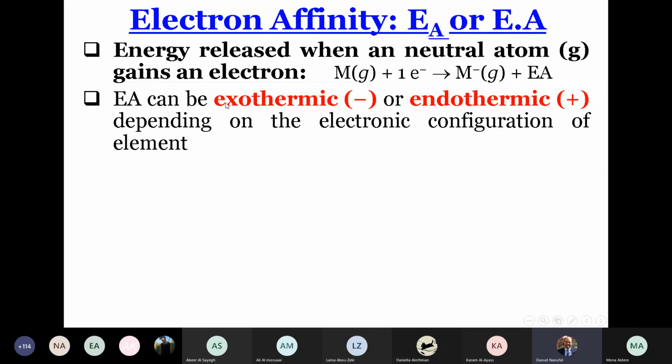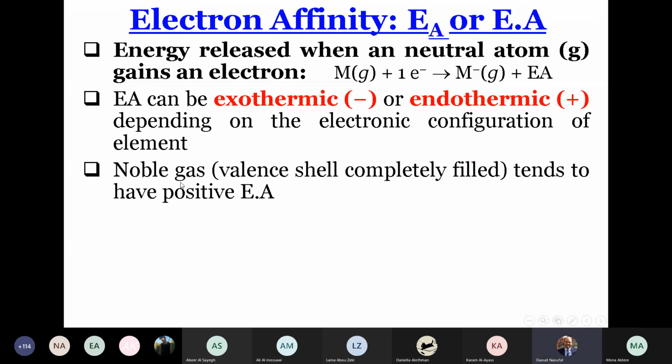So the electron affinity, exothermic negative or endothermic positive, depends on the electronic configuration of the element where we want to add this electron. The noble gases that have the valence shell completely filled will have positive electron affinity since there is no direct place at the level.